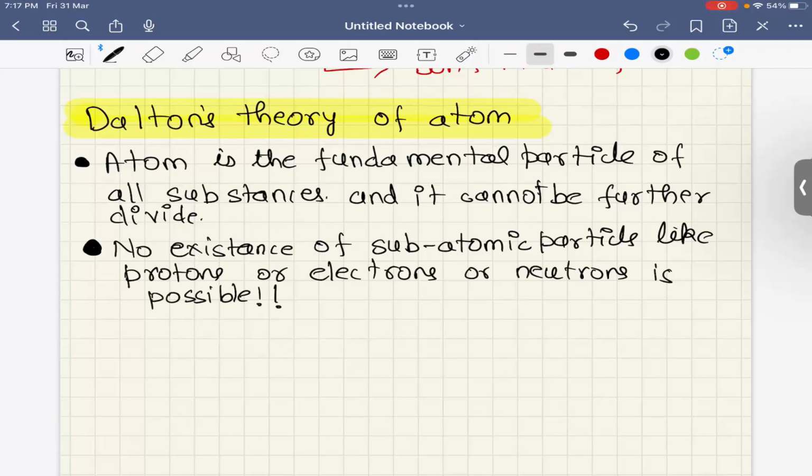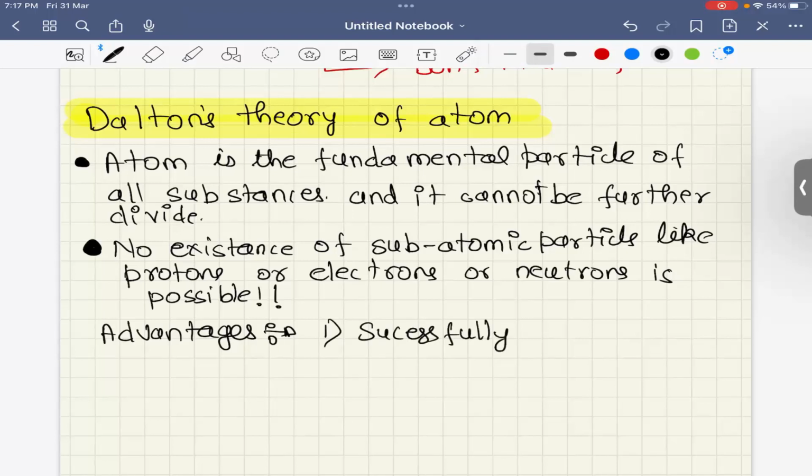However, the advantage of Dalton's theory was that it was able to successfully explain the laws of chemical combination.